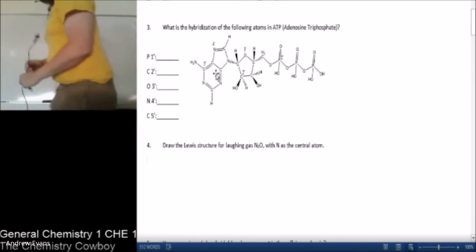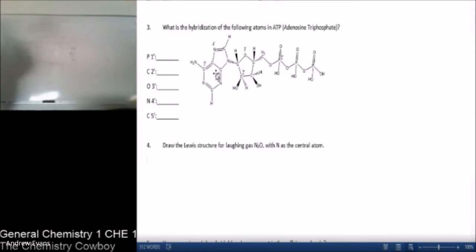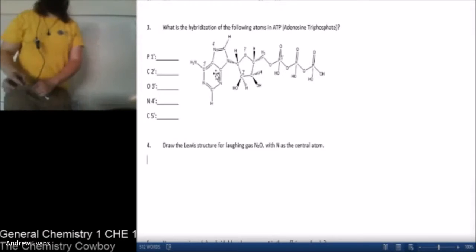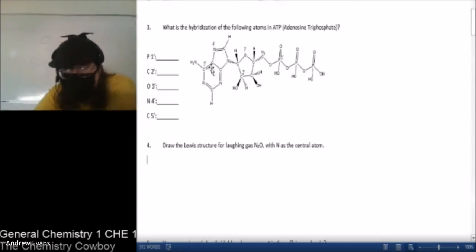And then finally, oh, N4 is up at the top. I can't really see that. Nitrogen should have 5 electrons. So there is one lone pair coming off of this nitrogen. That is sp2. So the answer again was sp3, sp3, sp3, sp2, sp2.